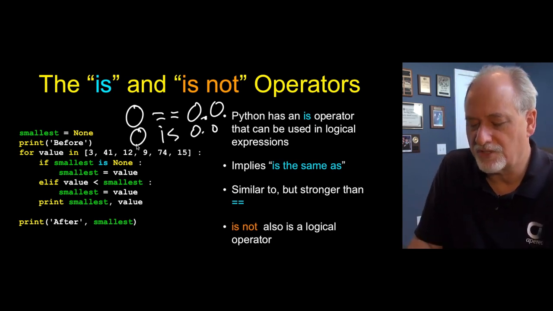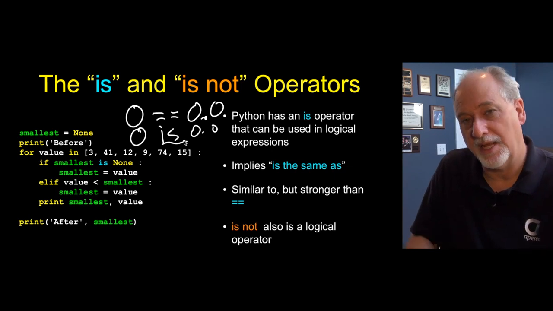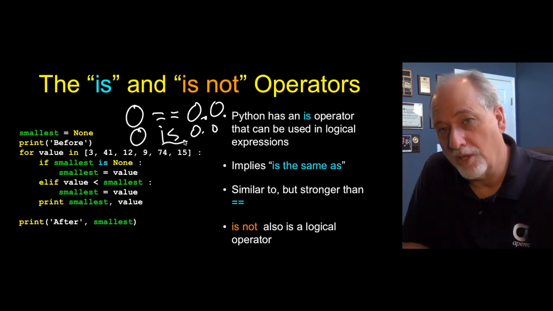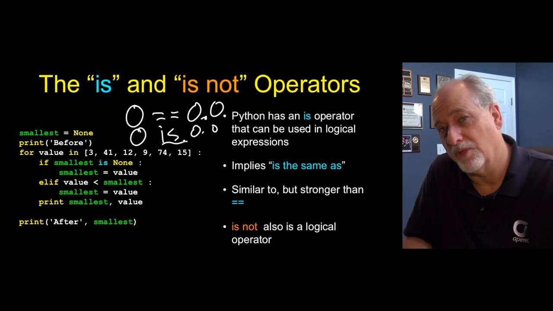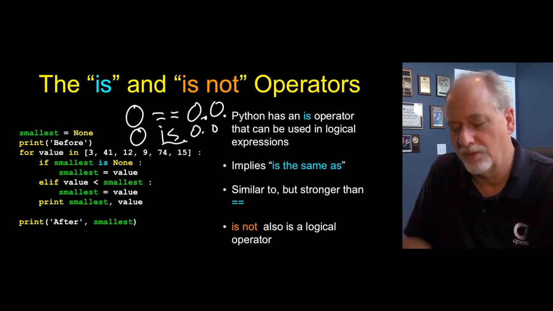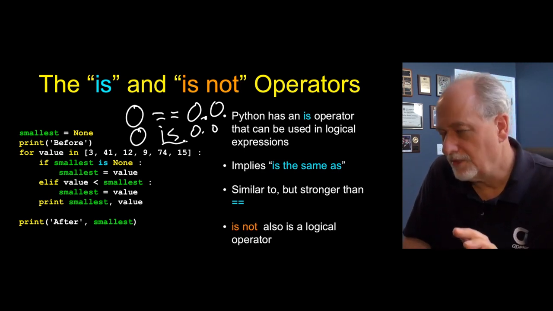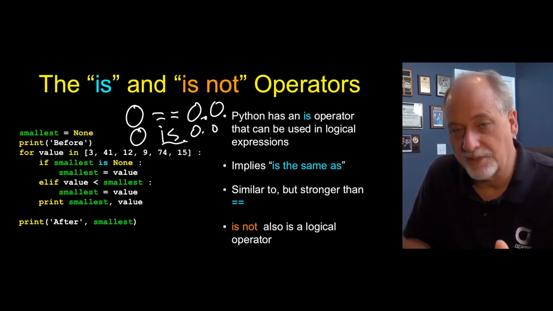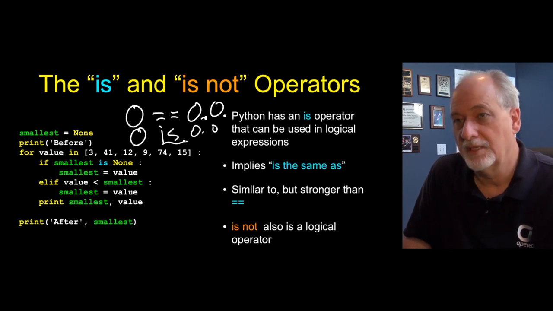So is is stronger than equals, meaning that it demands equality in both the type and the value of the variable, and no conversion is done. That's very strong. Don't overuse is. If you're dealing with numbers or even strings, use double equals, don't use is, because sometimes it gets a little confusing.